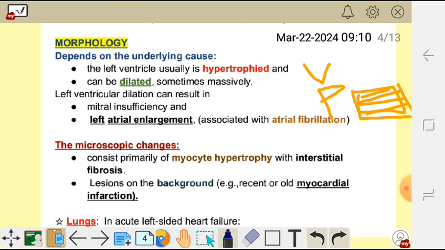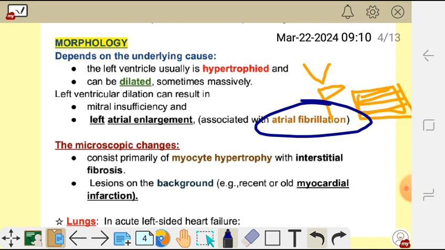If the left atria is enlarged, that will cause atrial fibrillation, and atrial fibrillation will result in irregular arrhythmias, and that will also affect the cardiac output.